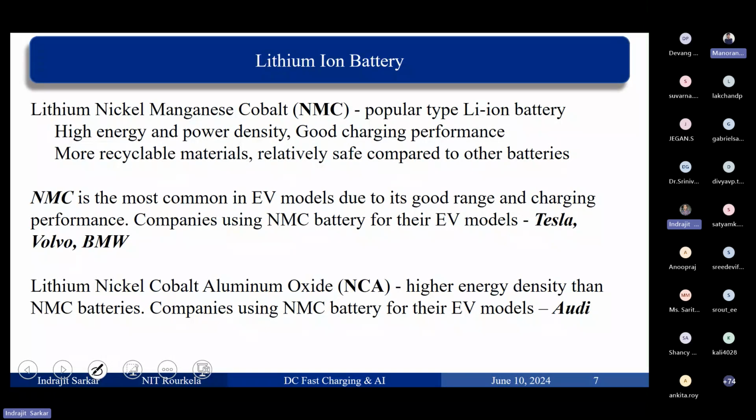Charging performance is good, and there are more recyclable materials used in this battery type, and it is relatively safe, because when you are using an electric vehicle, it should be safe. It is not like you are using it and then something happens, because battery is very dangerous.